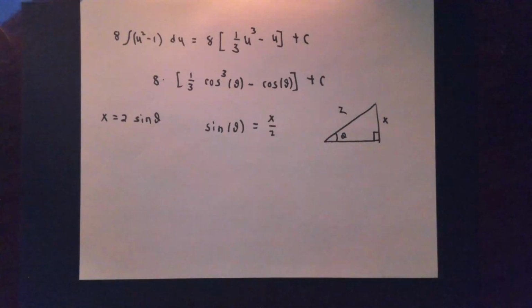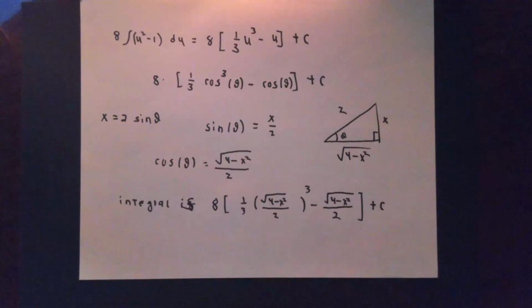X squared plus the unknown side squared must be 4. The Pythagorean theorem tells me that the unknown side squared must be 4 minus x squared, so the unknown side itself must be radical 4 minus x squared.